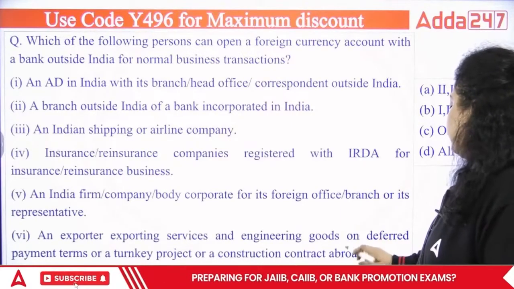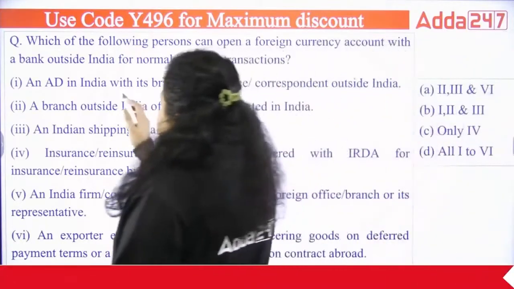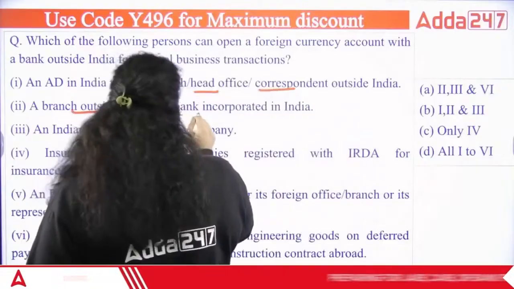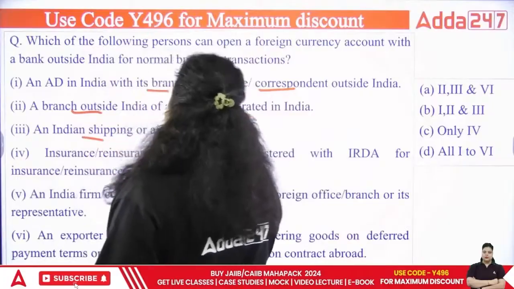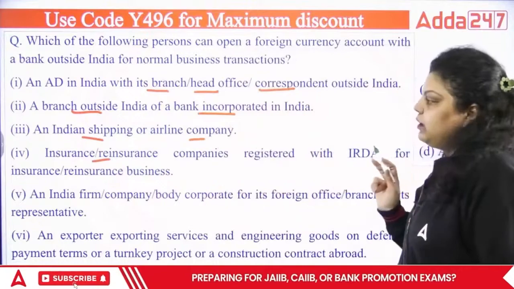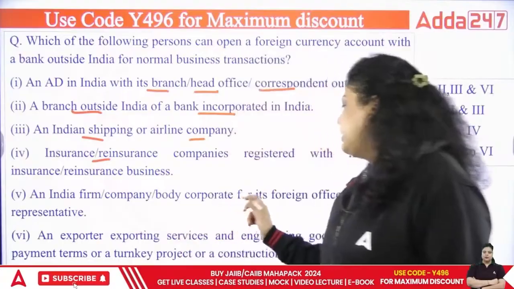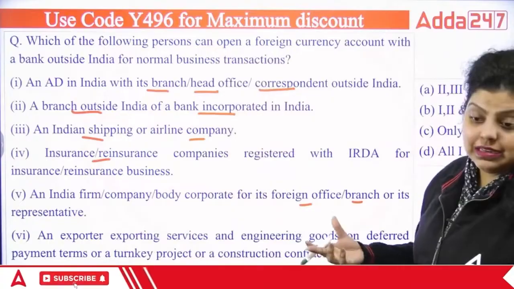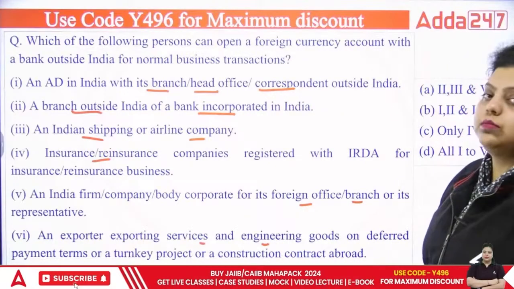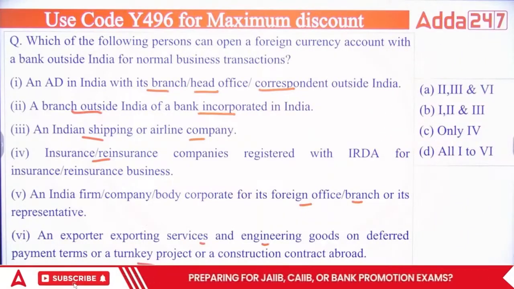The first statement says an authorized dealer in India with its branches, head office, correspondent outside India; a branch outside India of a bank incorporated in India; an Indian shipping or airline company; insurance and reinsurance companies registered with IRDA; an Indian firm or company body corporate for its foreign office, branch or representatives; an exporter exporting services and engineering goods on deferred payment terms, meaning in installments, on a turnkey project or a construction contract abroad.